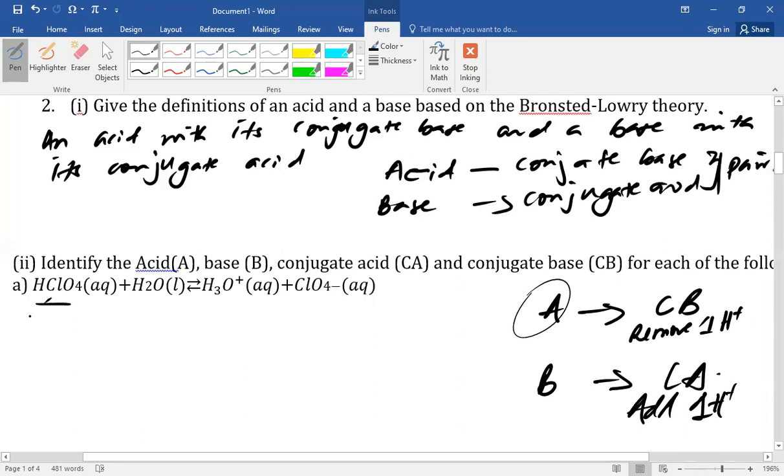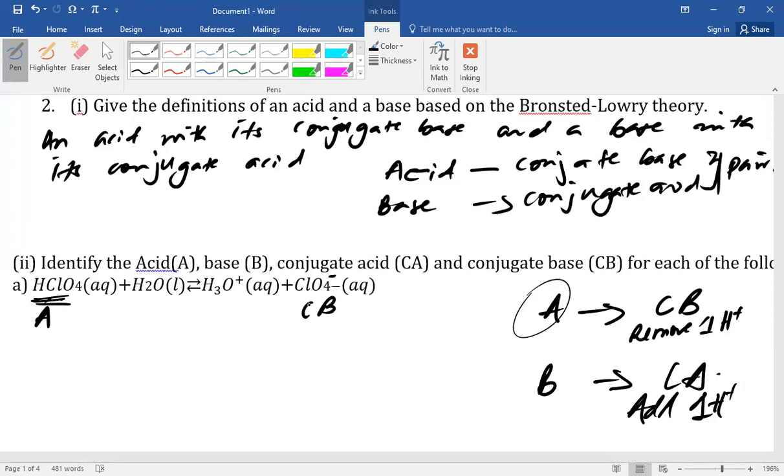So for instance, if we look at this one, it had a hydrogen, but that side is not there, and the charge has gone to negative. So that means we know that this is an acid and it has changed into a conjugate base, because the hydrogen has been removed and the charge went from 0 to -1.